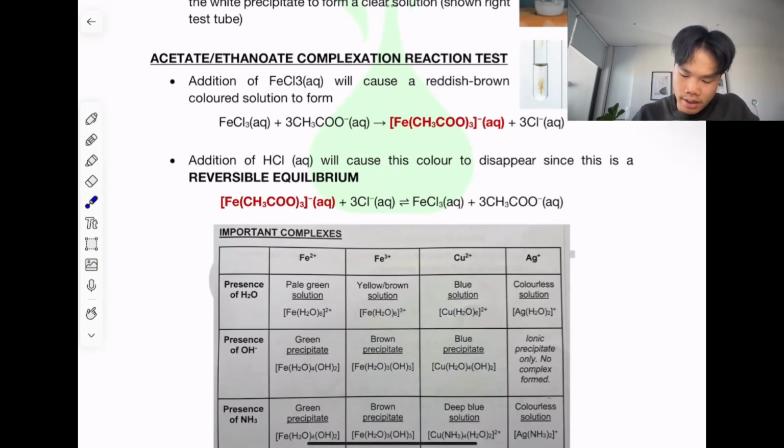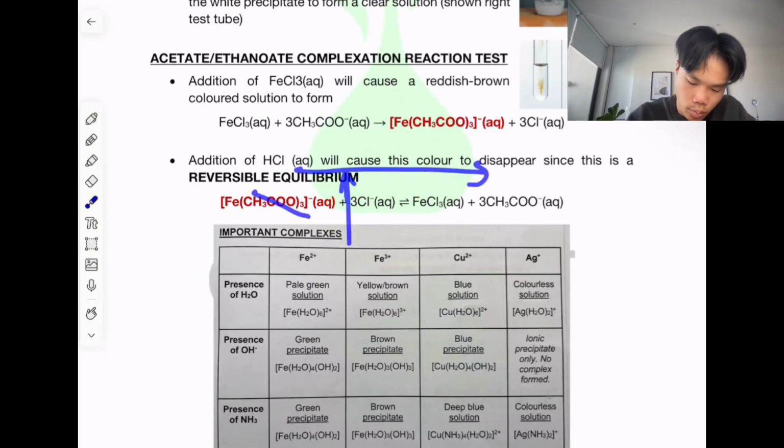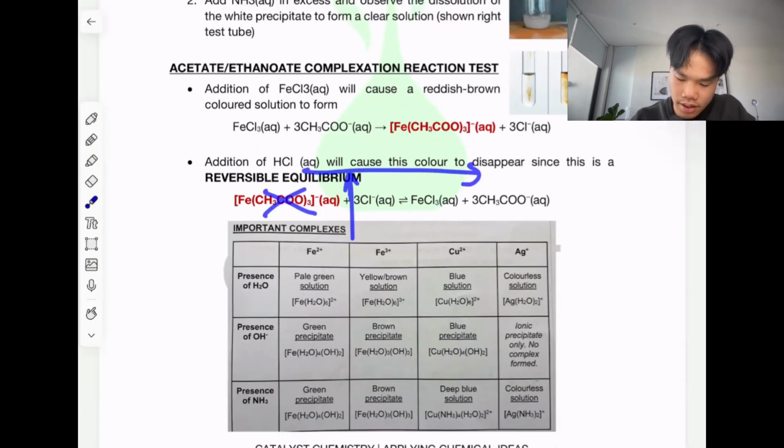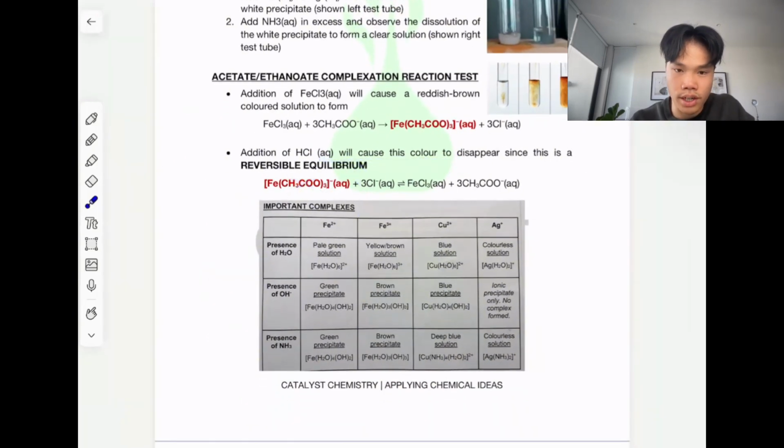And if you were to add excess HCl that contains lots of chloride ions, you would increase the chloride ion concentration, which causes the equilibrium to shift right and removes that orange color. So the removal of that orange color is what you're looking for to confirm the presence of acetate in solution. And that's your acetate complexation reaction test.